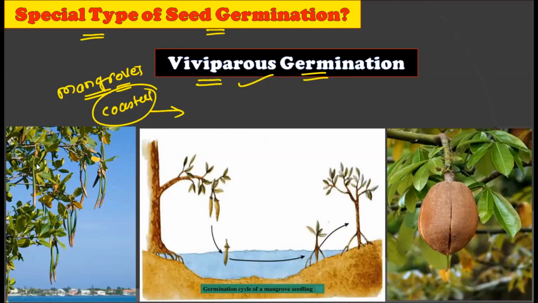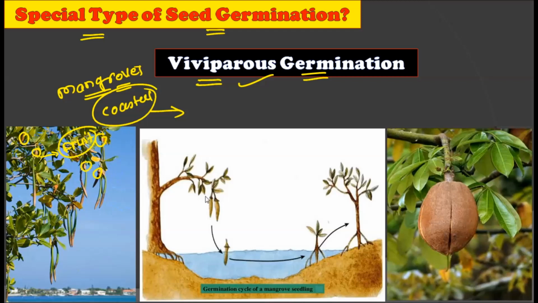What happens in mangrove plants when the fruits are born on the tree? All these are the fruits which are brown in color. All these are the fruits which are born on these trees. Now, the seed starts to germinate when the fruit is still on the parent plant.